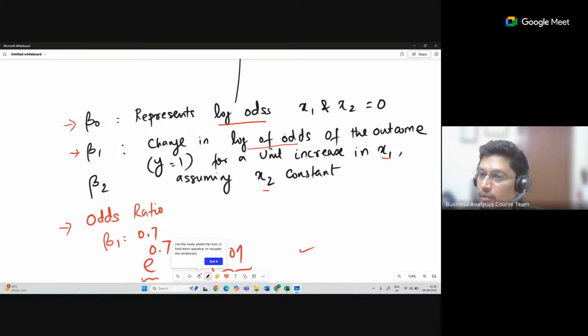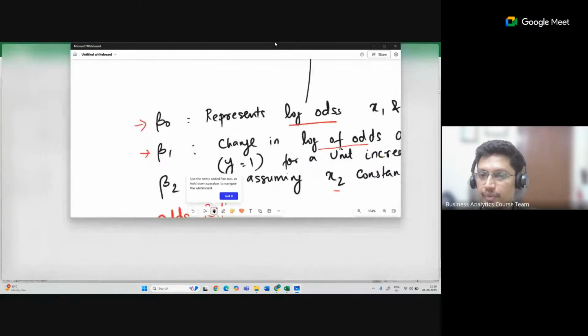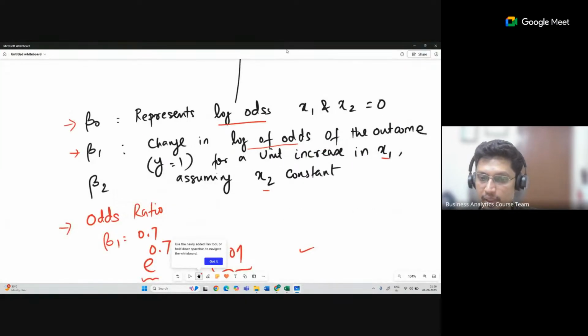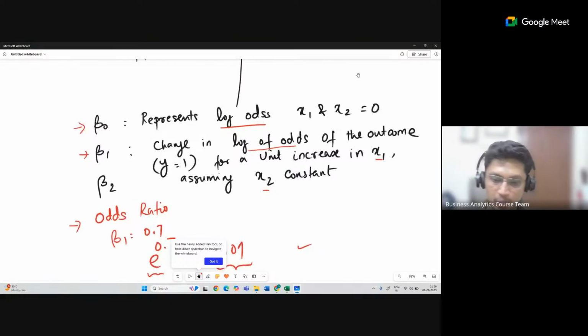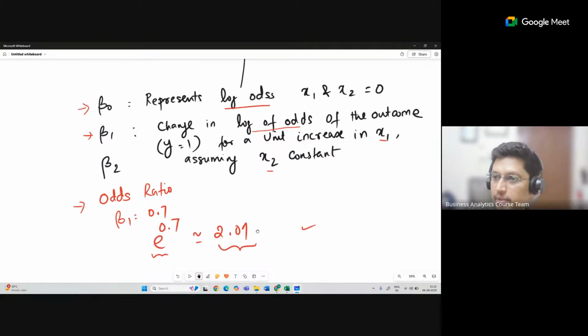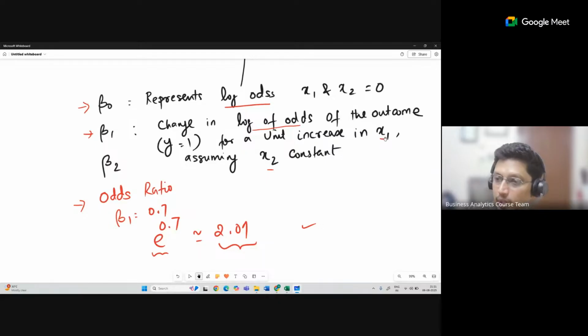Since log of odds is not very interpretable, you convert log of odds to odds. That's why I took the example of 0.7. Beta 1 is 0.7, and taking the exponentiation you get 2.01. So if you increase x1 by 1 unit, the odds of the outcome change by 2.01, assuming the other variable is constant.